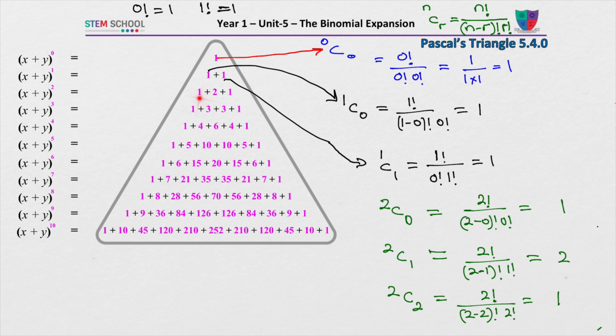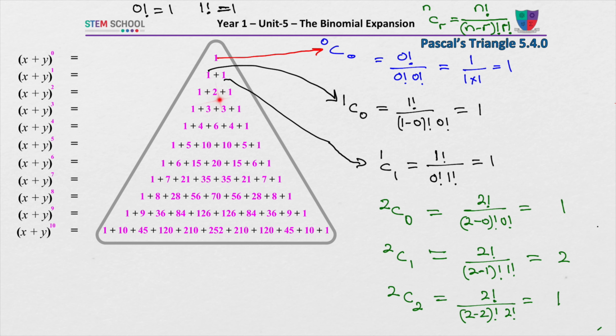The first one here is 2 combination 0, and that equals 2 factorial divided by 2 minus 0, that's using that formula, factorial, 0 factorial. 2 minus 0 is 2 factorial. So 2 factorial cancels 2 factorial. You got 1 over 0 factorial. 0 factorial is 1, so 1 over 1 is 1.